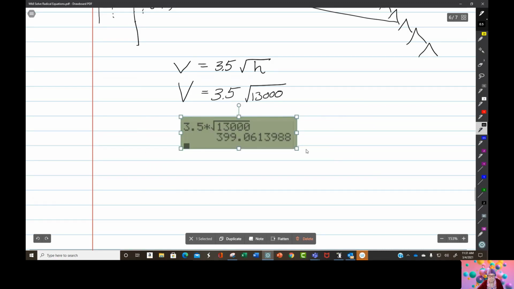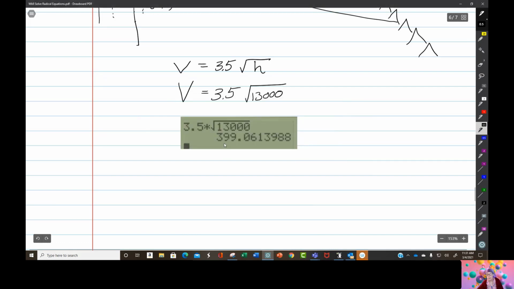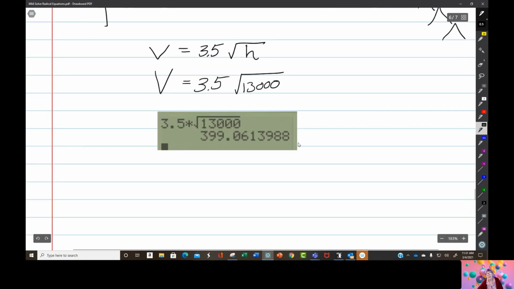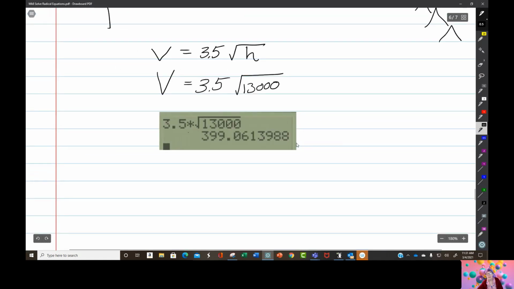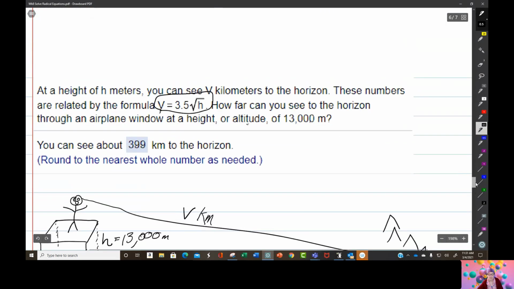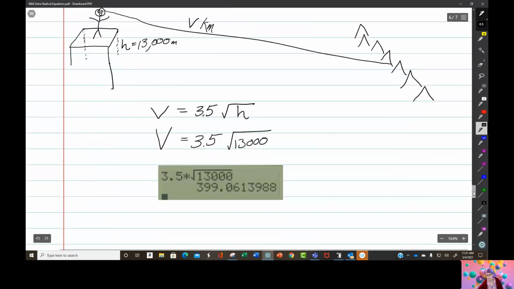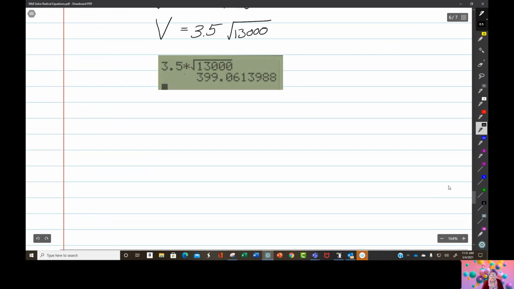There, here we've got our decimal. And they want us to round to the nearest whole number as needed. Well, here's the nearest whole number.